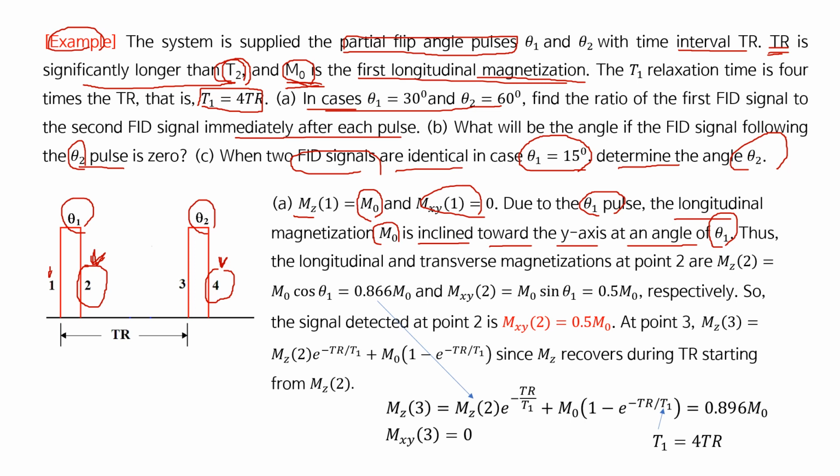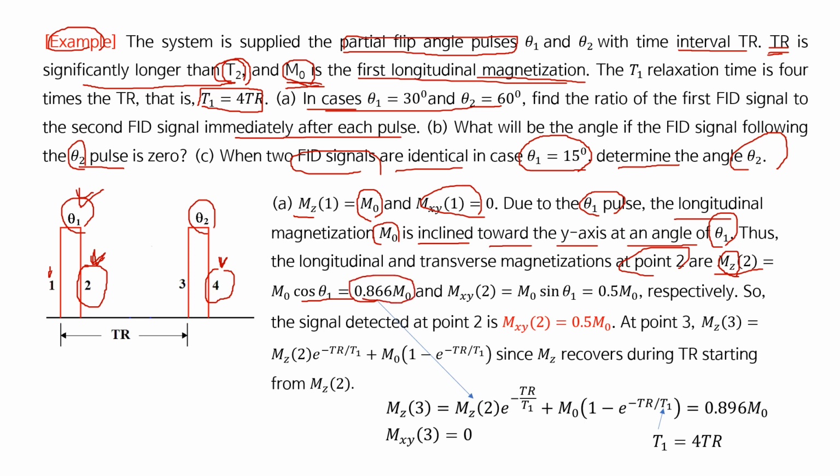Thus, the longitudinal magnetization and the transverse magnetization at point 2 can be obtained, right? So the longitudinal magnetization is M0 cosine theta 1 due to this pulse.